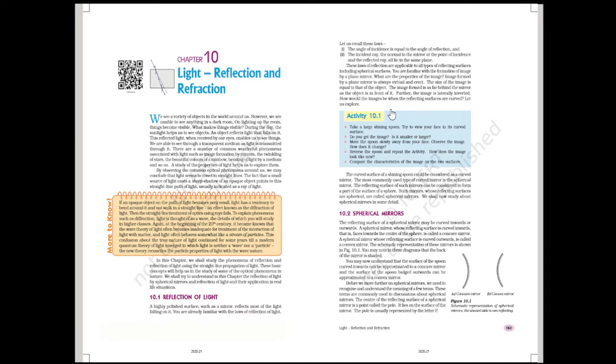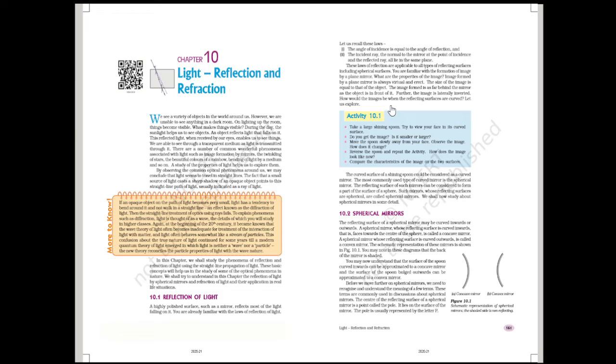Now, there are a number of common phenomena associated with light, such as image formation by mirrors, twinkling of stars, the beautiful colors of the rainbow, bending of light by a medium, and so on.